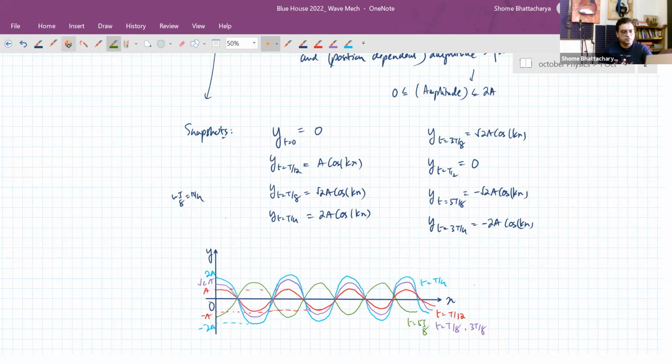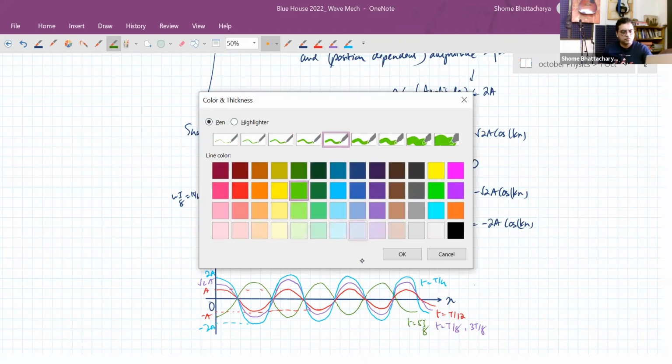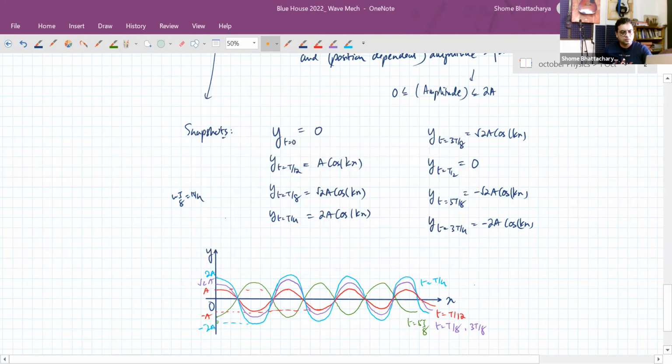And finally, this is how the shape is progressing with respect to time.